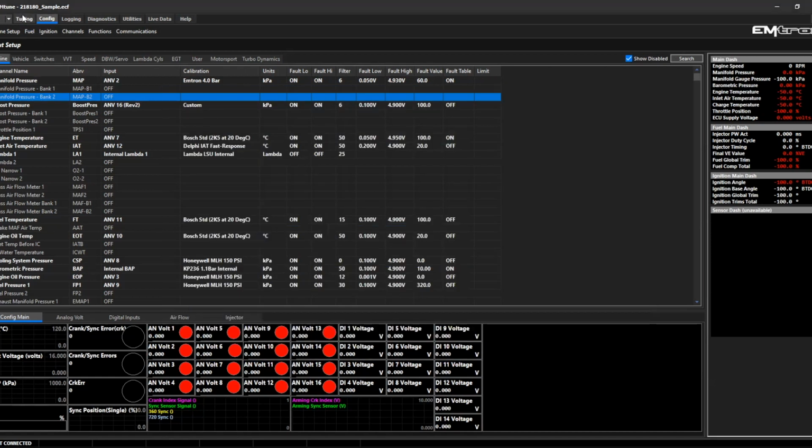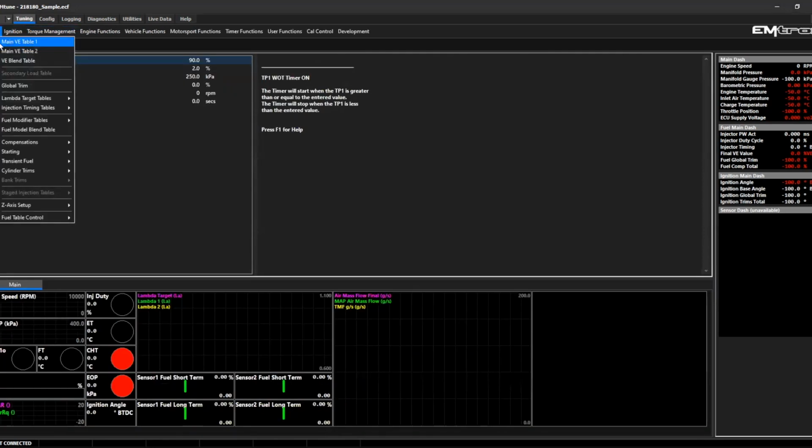Moving forward, you'll notice that we used to have 3 main V tables. We've now limited that back to 2. There's a few reasons, but one of them was we wanted to liberate more resources from the ECU for some of the functions that I'm going to be explaining soon.